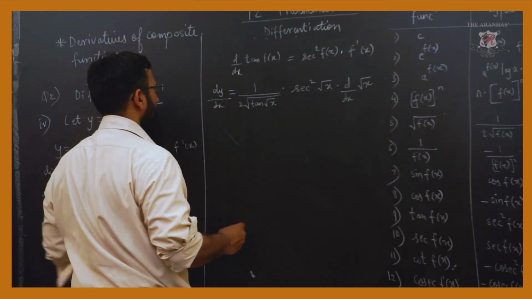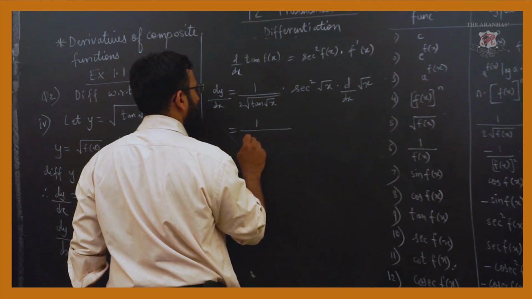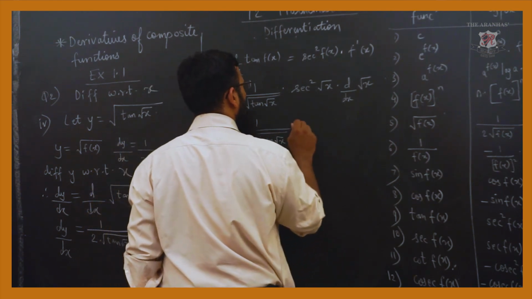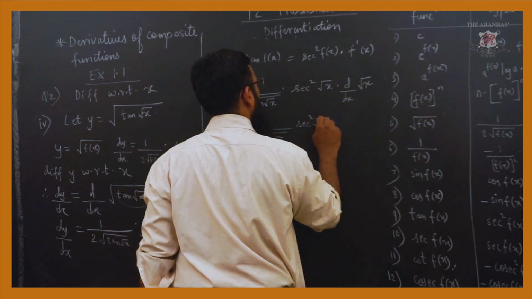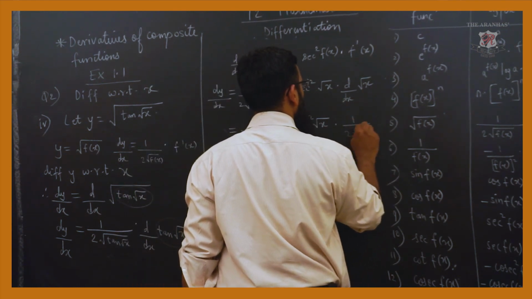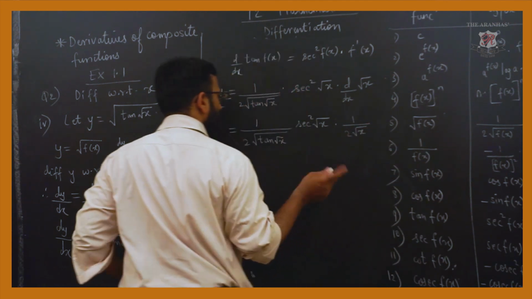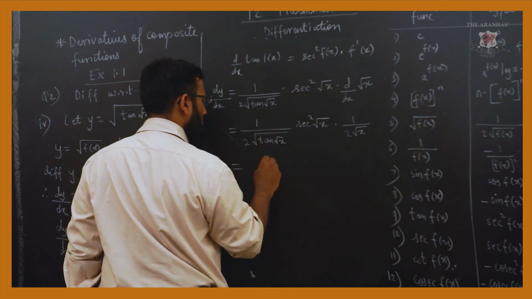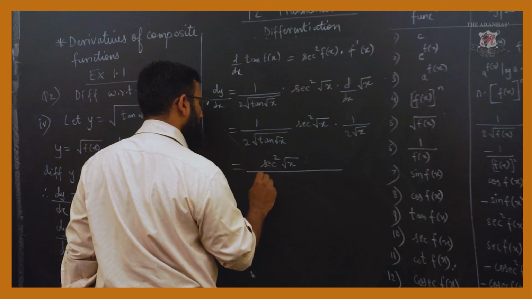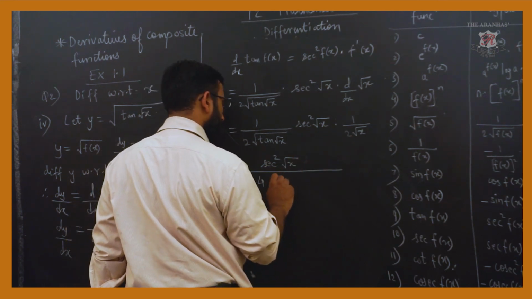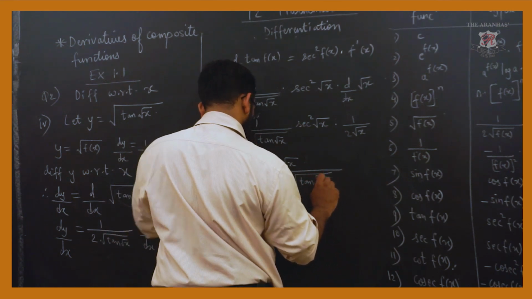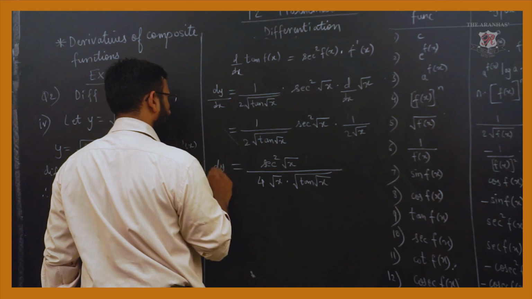So once again if you differentiate it, finally everything comes out to be 1 upon 2 root of tan root of x into sec square root x, and derivative of root x is 1 upon 2 root x. So if I arrange everything, it will look like sec square root of x upon 4 root x into root of tan root x. So this is our final answer for the problem.